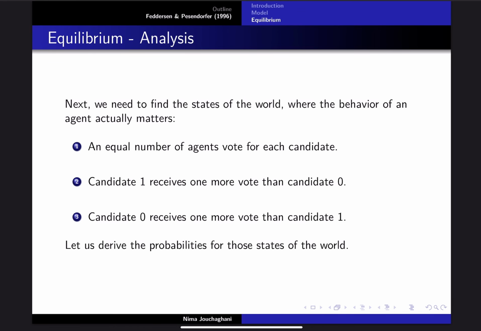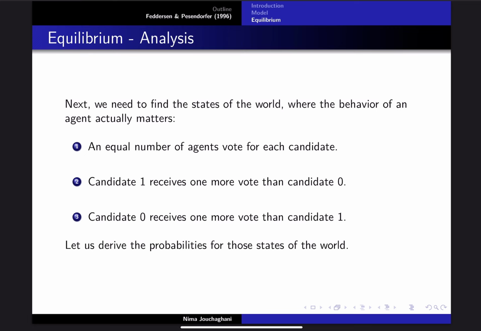What will be crucial for the analysis is that we need to find the states of the world where the behavior of an uninformed independent agent actually matters, because those are the situations where his choices actually change the outcome of the election. So when is this the case? First of all, this can be the case if there is an equal number of agents voting for each candidate.